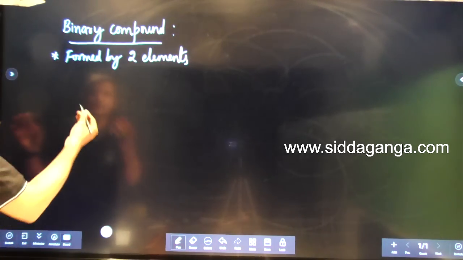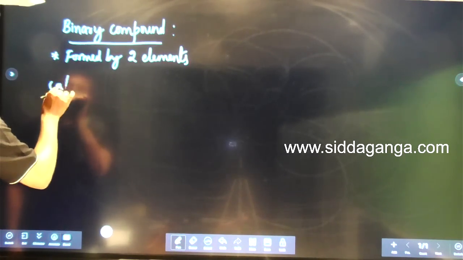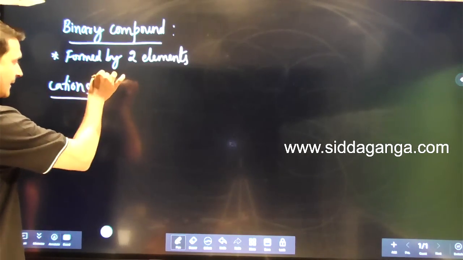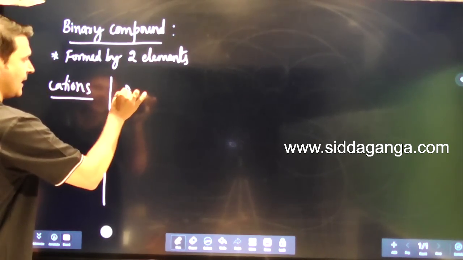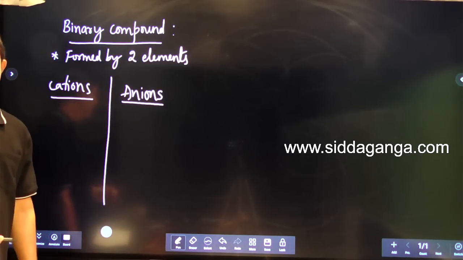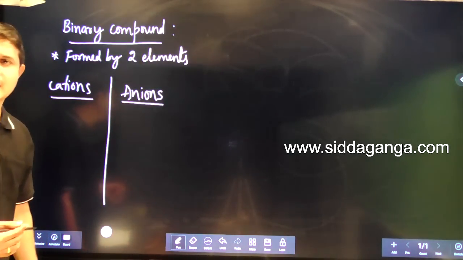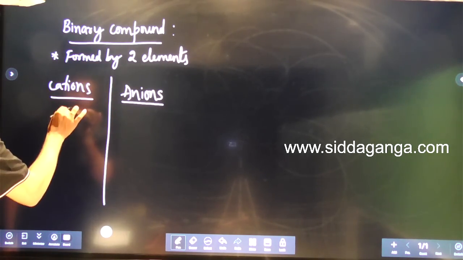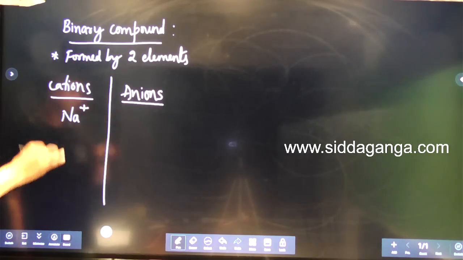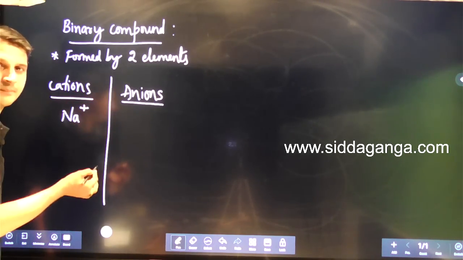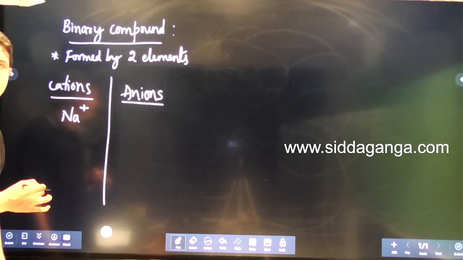Let's represent few cations and anions. Cations are positively charged species, right? So let us represent them. One is Na plus. So valency of sodium is 1 plus, 1 ಅಂತ ಬರೀತೀವಿ, Na plus.